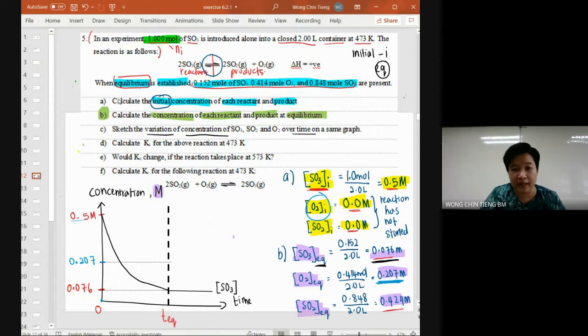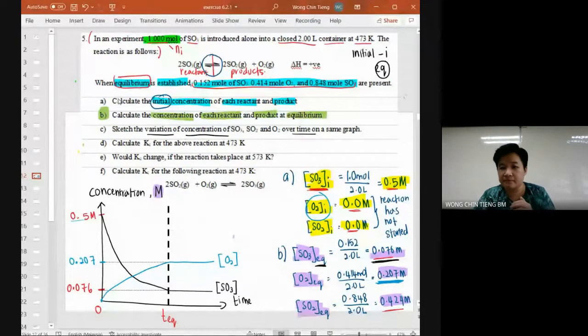Daripada 0 naik ke 0.207. So graf kamu adalah graf naik. Naik sehingga jumpa time at equilibrium. And then at the time equilibrium, ambil pembaris, lukis straight line. Okay, and that straight line right now is oxygen. Nampak?